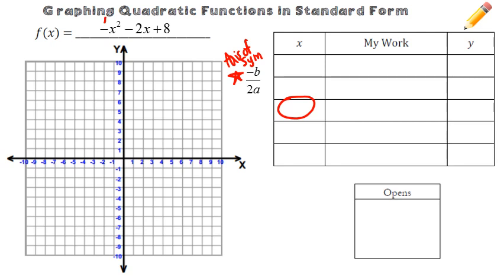If I label these A, B, C, my b value is -2, so I've got a double negative, which becomes positive, over 2 times A. My A value is -1. That negative makes a difference because now I have +2 over -2, which simplifies down to -1. So that becomes my axis of symmetry line and my center x value.